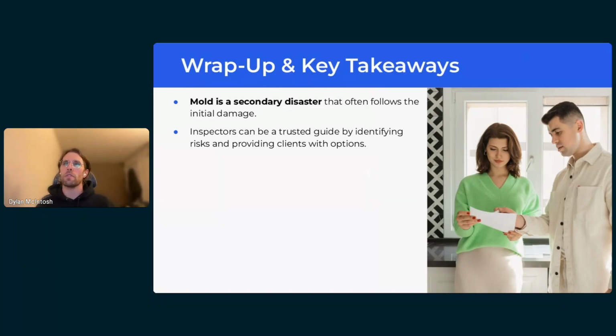But the mold aspect is something that you should keep in mind and can down the road become an equal concern to the materials and belongings inside of the home. And then you as the inspector can be a trusted resource to help identify potential risks and potential problem areas, doing testing to determine for your clients if there is or isn't potential mold issues inside of the home, and provide them with a resolution on how to resolve those issues, whether it be remediation, etc.